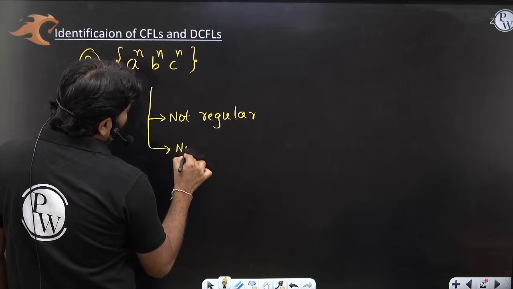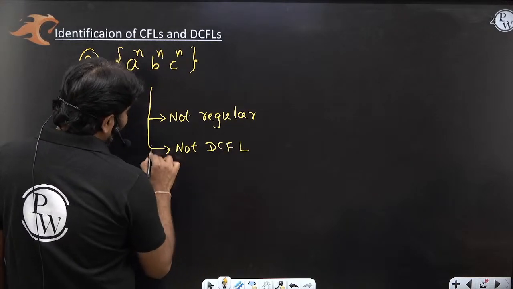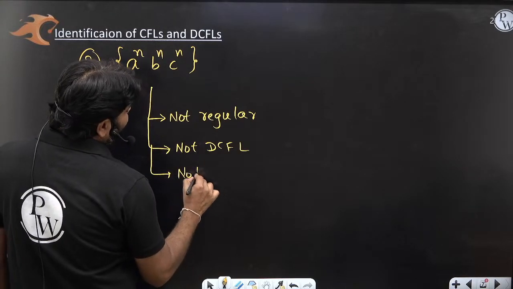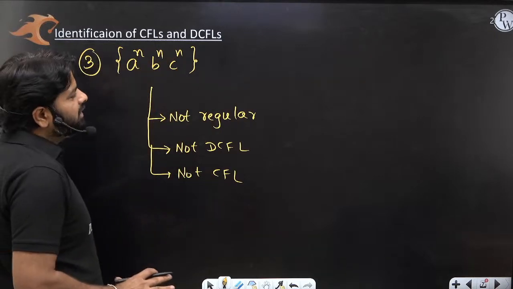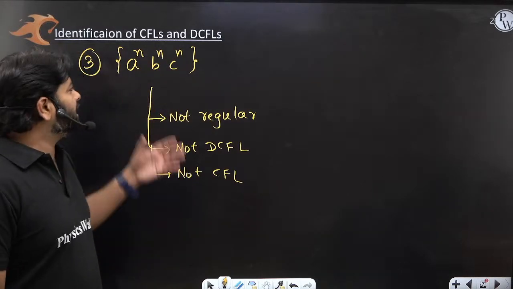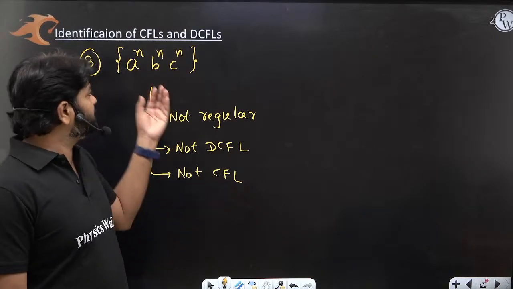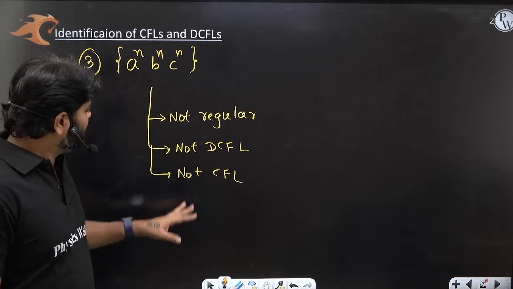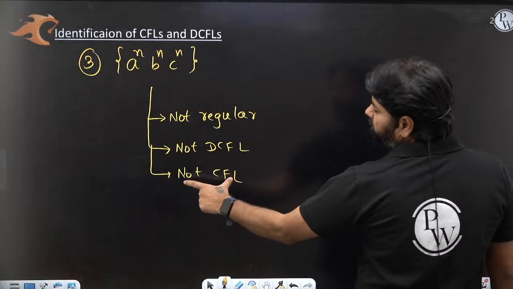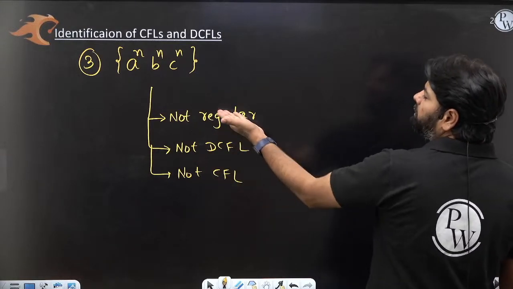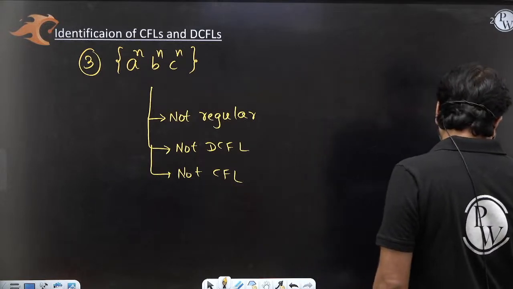It is also not DCFL, not CFL. The reason is we don't have even a PDA for this. One stack is not enough to handle this problem. Give me any string from this language, and there is no PDA that can accept every string of it. That's why just saying not CFL is enough. When you say not CFL, by default you are also using these two sentences. It is a very famous language which is not CFL.